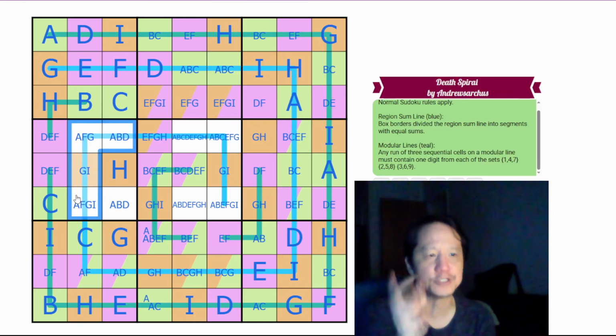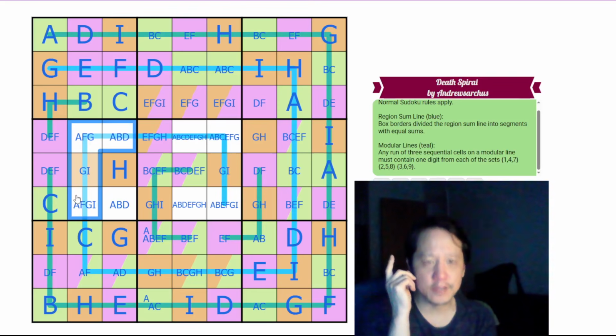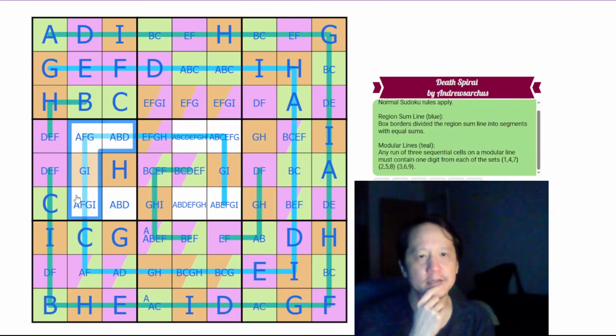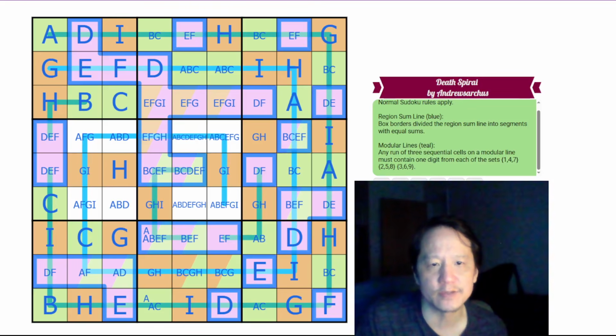Sorry, 2 oranges, a pink, and a green. So therefore, the orange matches the sum mod 3, which means pink has to be 0 mod 3. So pink has to be the blue.